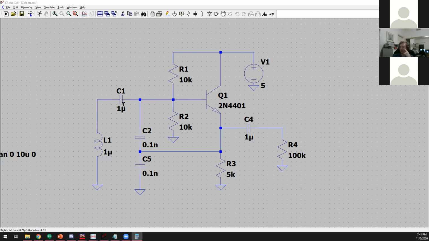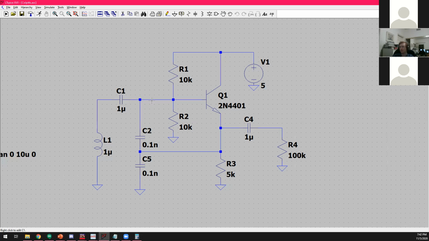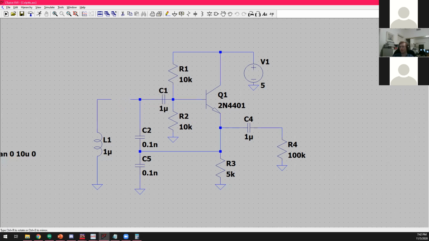If C1's purpose in life is to prevent a short circuit between the base and ground, why is it placed where it's at, between L1 and C2? Why can't it be shifted over? I could do that. It can be, okay. Does it not affect the LC tank at all? Not at all.